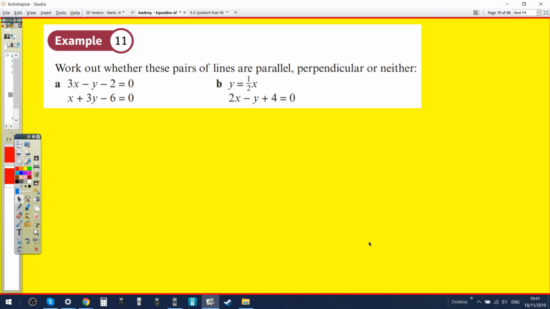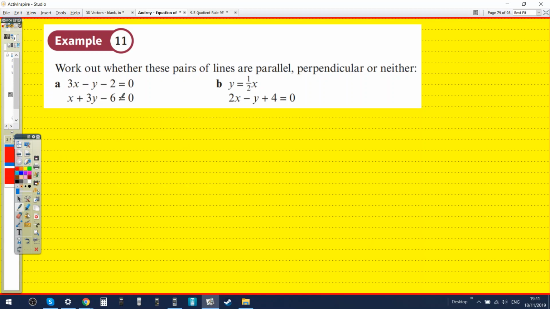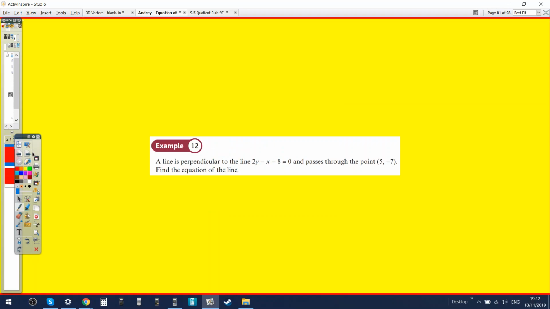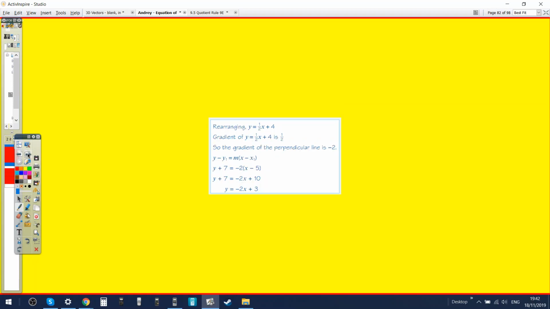Okay, so for A, is there a better idea than to make y the subject first of all? There's no better way. So that's it. You'd make y the subject, and then if they have the same m, they're parallel, or if it's the negative reciprocal, they're perpendicular. Okay. But you'll be fine.